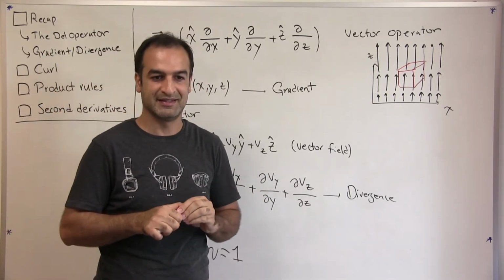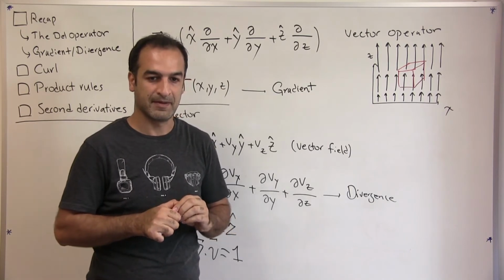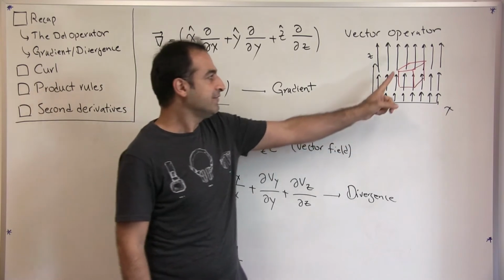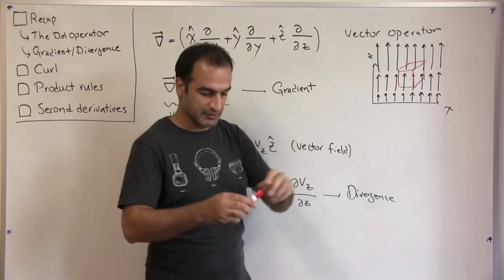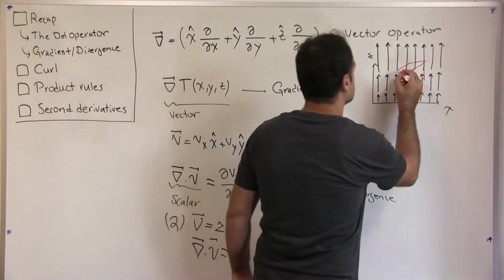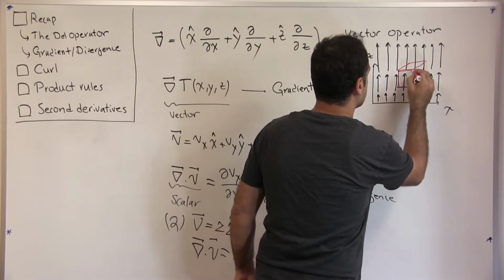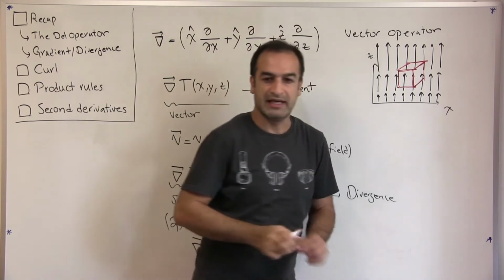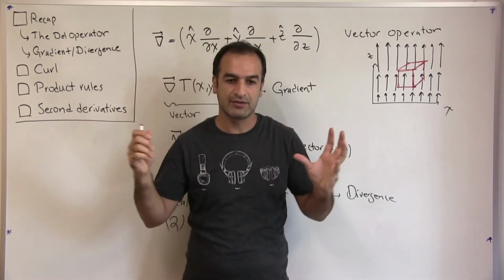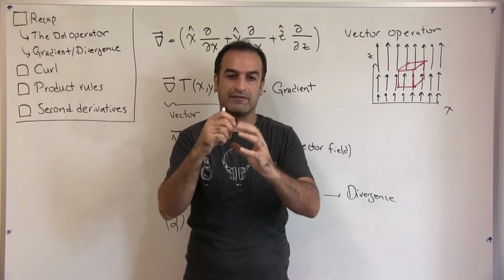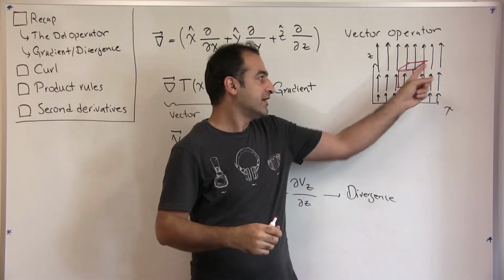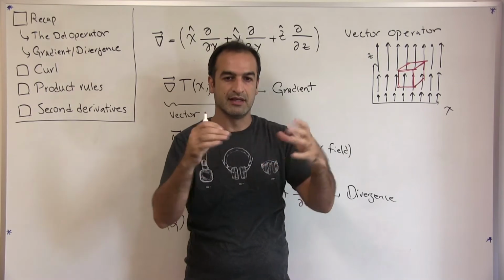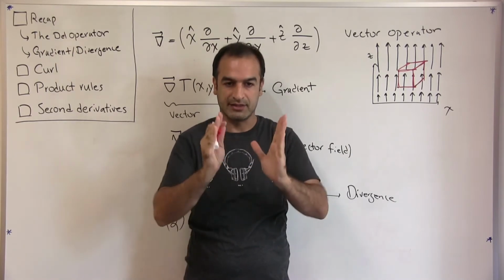Yes? Oh, sorry, can you say that again? I didn't get that one. Okay, so the field lines look parallel, but if you imagine one cube, the red cube I drew here, I don't know if it's visible for you or not. If you look at one cube, and you calculate the flux going inside the cube and the flux going outside, from the sides, you don't have any flux coming in, because all the field lines are parallel to the surface.